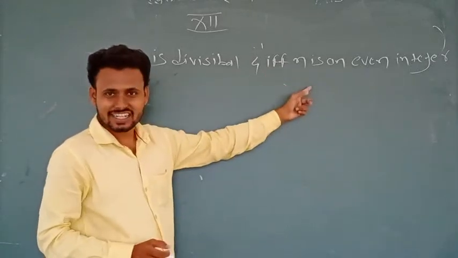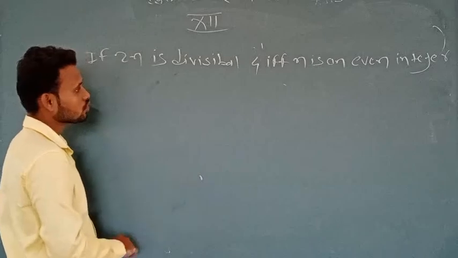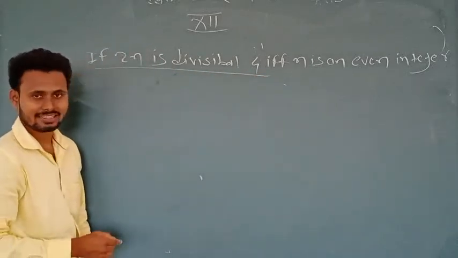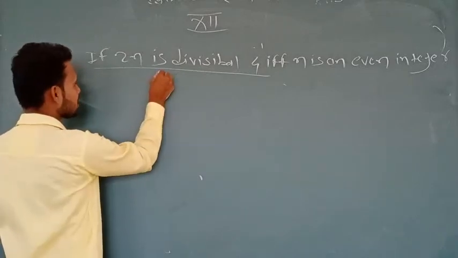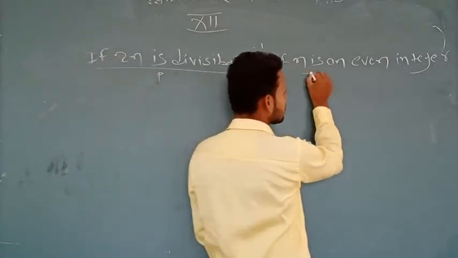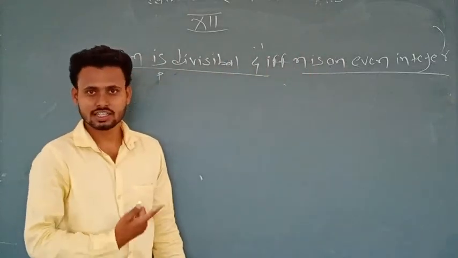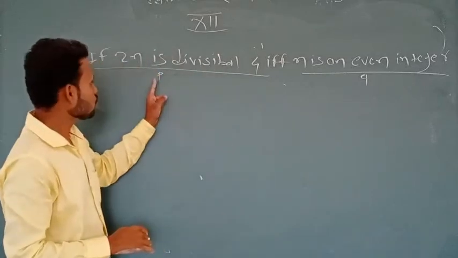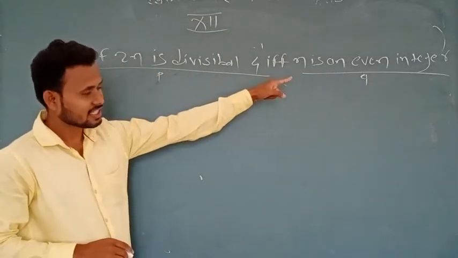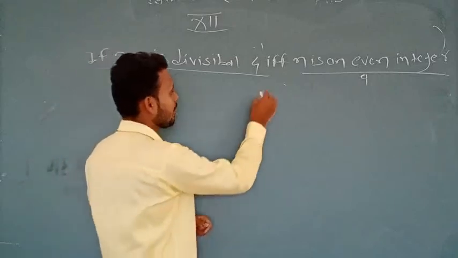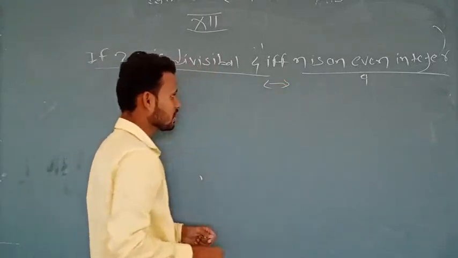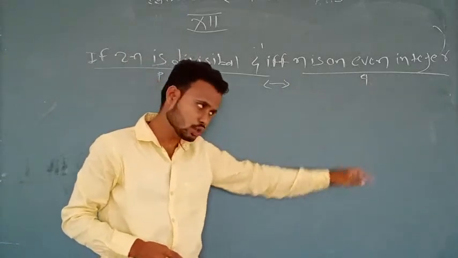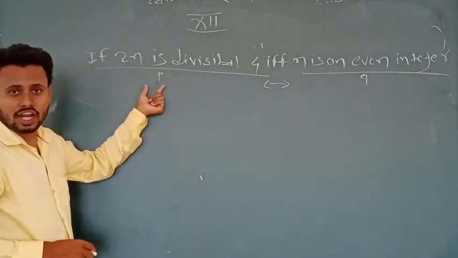The first statement, if 2n is divisible by 4, we write as P, and the second simple statement, n is an even integer, we denote by Q. These two simple statements P and Q are connected by if and only if, meaning double implication: P if and only if Q, P double implication Q, and we have to write its negation.